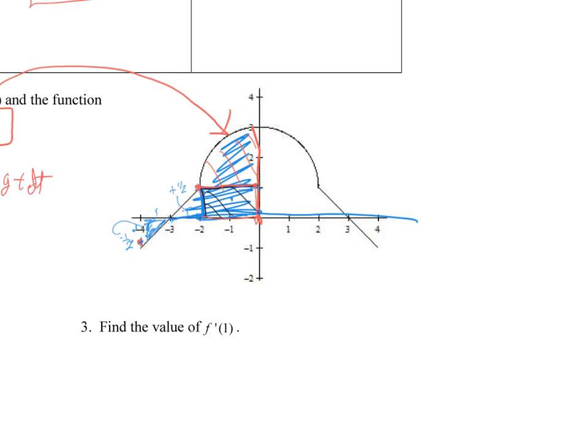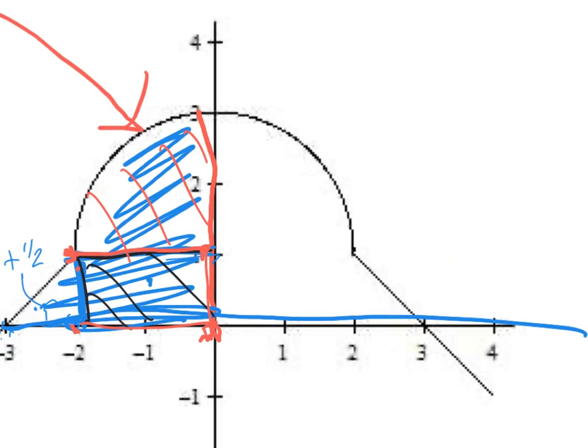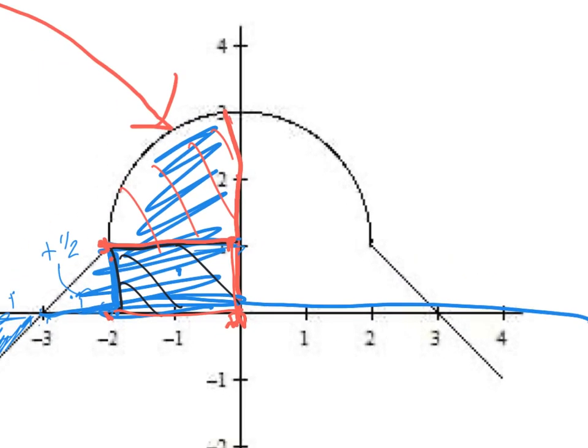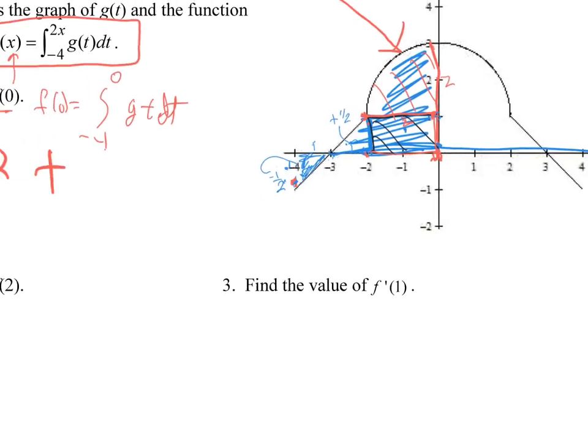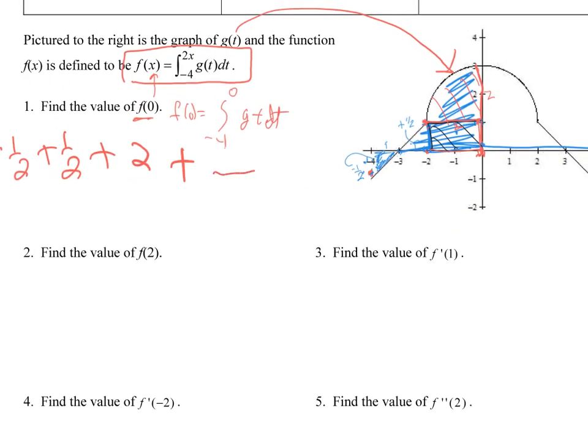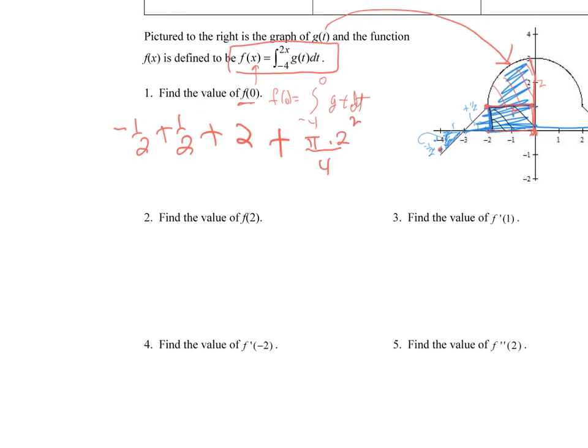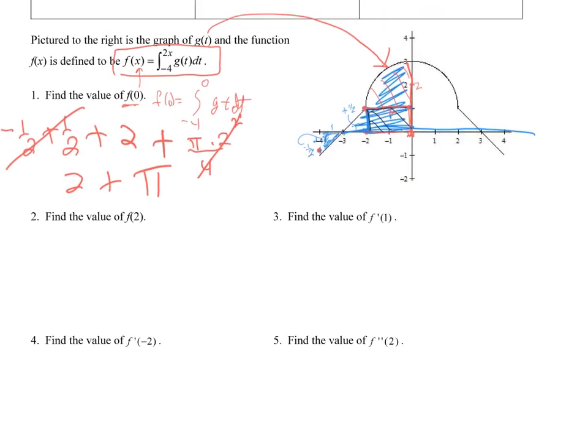Because that distance here is 2. And 1, 2, 3, that distance is 2. So these are radii. So 1/4 of that circle with a radius of 2. 1/4 of pi times 2 squared. That cancels. That's 2 plus pi if all things are correct.